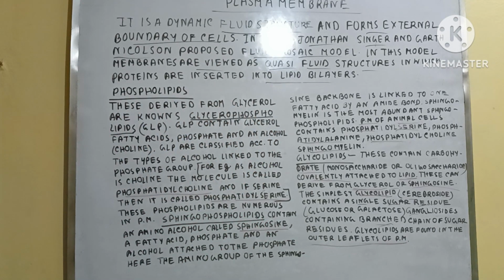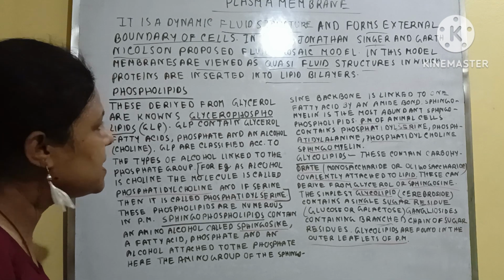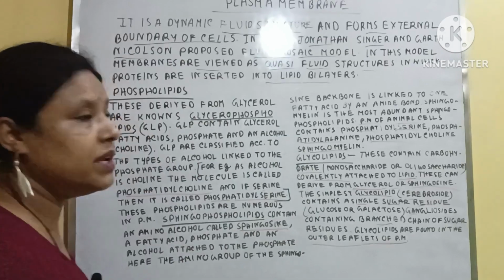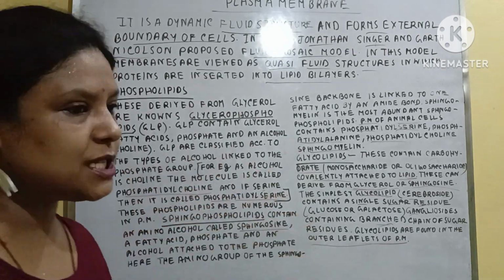These glycolipids are generally found in the outer leaflet of the plasma membrane. Clear? After that, another lipid is present, the sterol, and I will explain it in the next part.